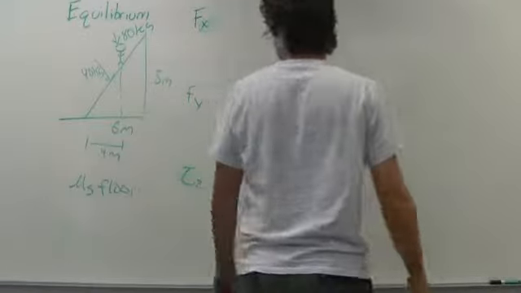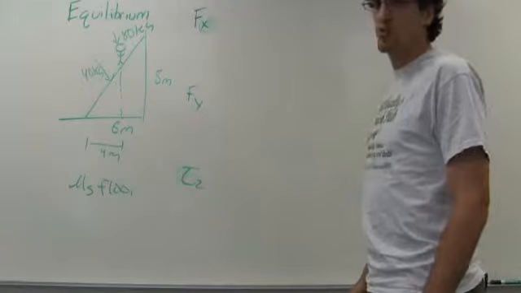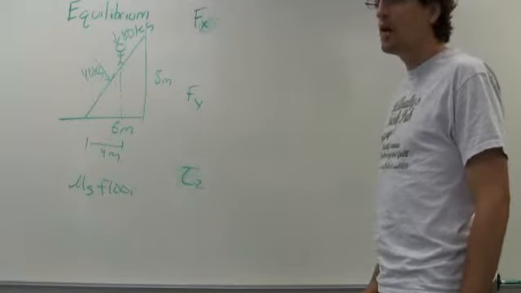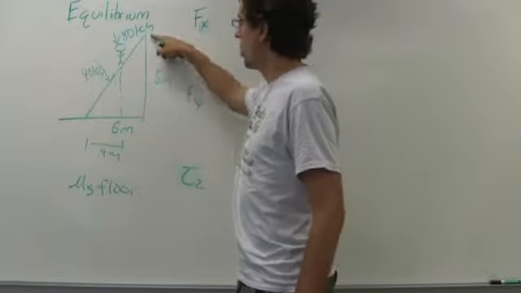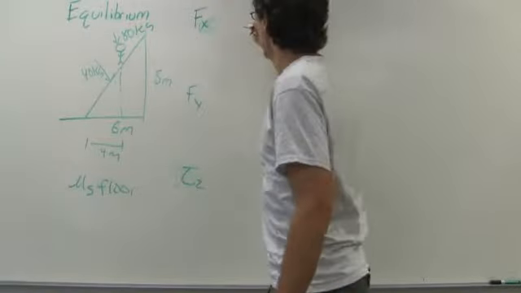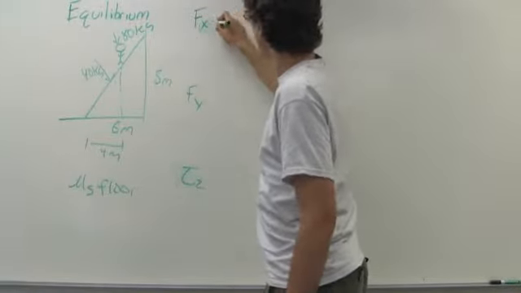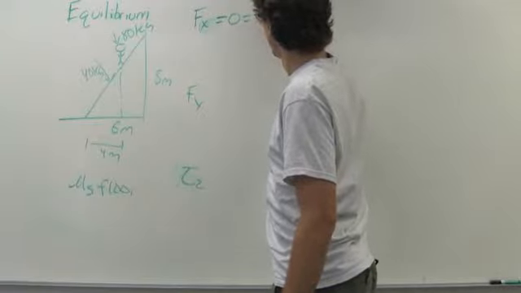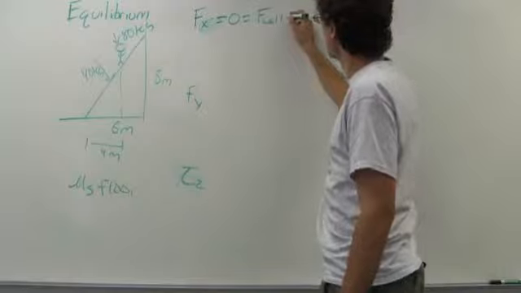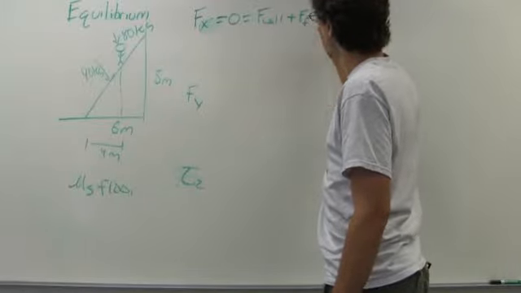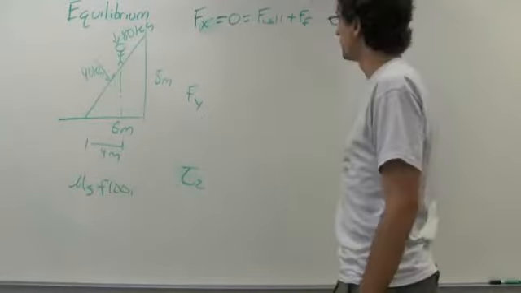All right, so in the x direction, what forces are applying? There's really only 2. There's the wall pushing against, and then there's the force of friction on the ground, and that's going to add up to 0.